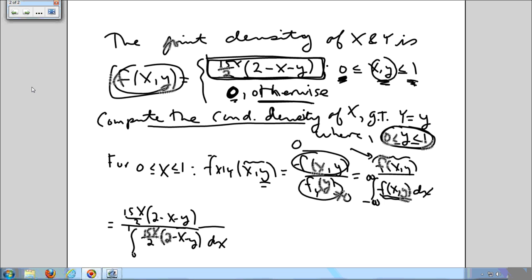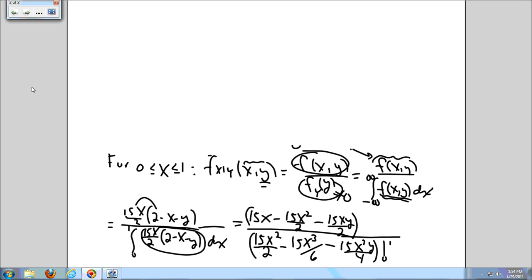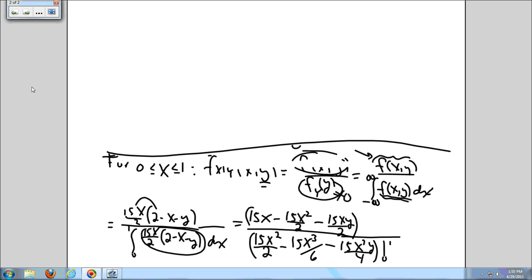Let's erase actually the bottom. Extended integration. You might want to say that is Calc 3 integration only because we're integrating with respect to x and there's y's in it. Alright, so the top doesn't change. It's 15x minus 15x squared over 2 minus 15xy over 2.